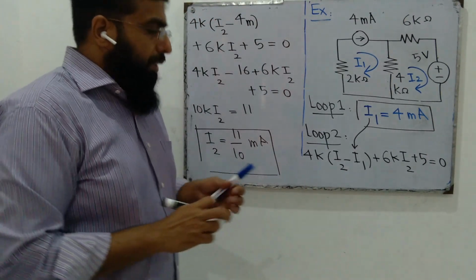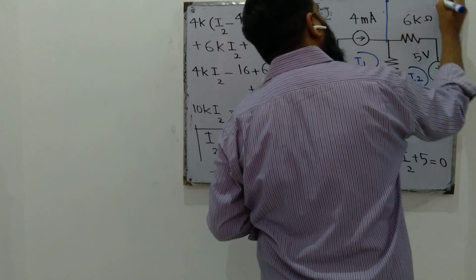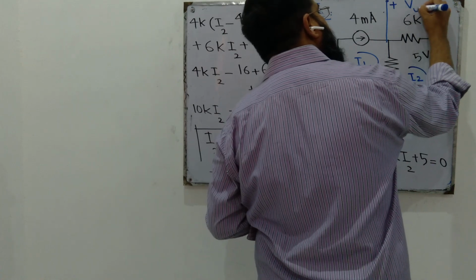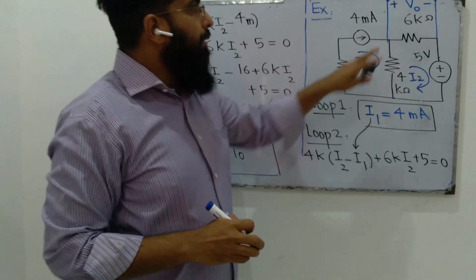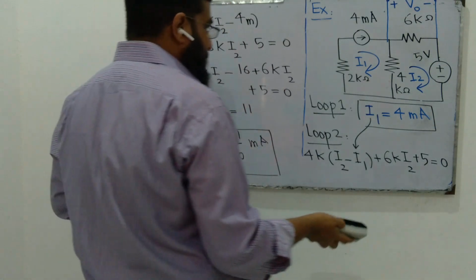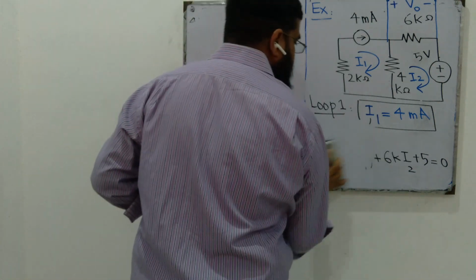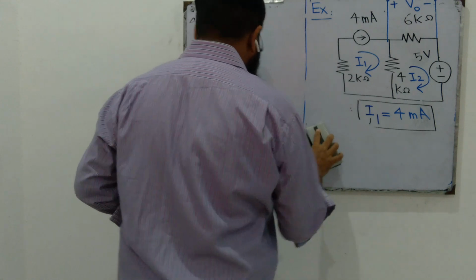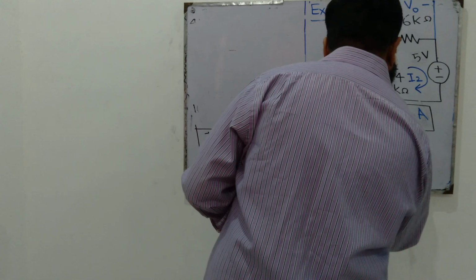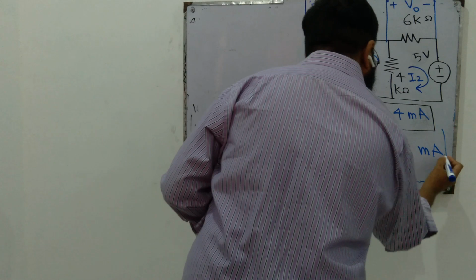Now we are asked to find the voltage drop in this polarity across this 6K resistor, and we call it VO, V sub O, V out. How would you compute it given I1 and I2? We have I1 equal to 4 milliampere, I2 equal to 11 over 10 milliamperes.